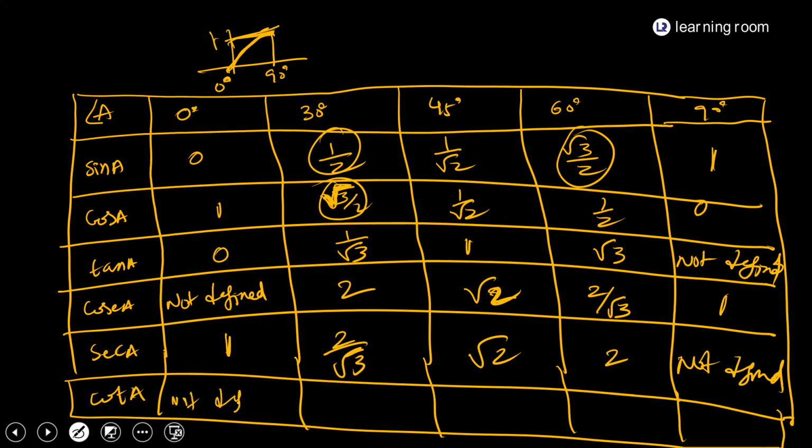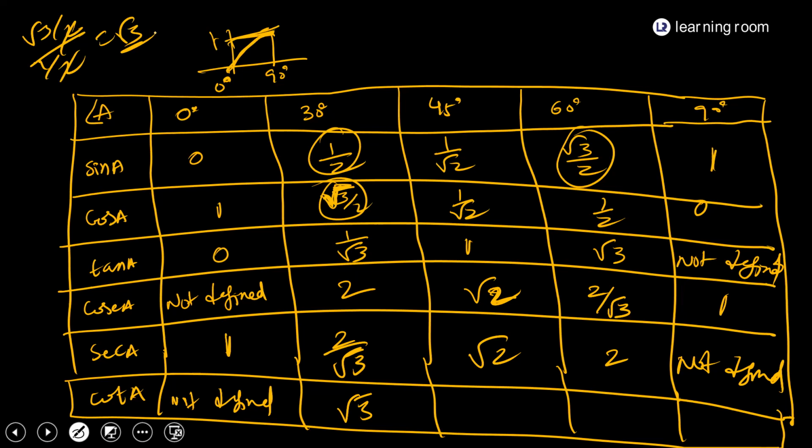Next is 2 by root 3 by 2 by 1 by 2. Cos by sin. Root 3 by 2 by 1 by 2 equals root 3. The 2 will cancel, root 3 by 1 will be root 3. Cos A by sin A, right?